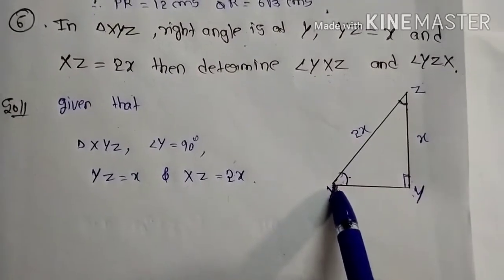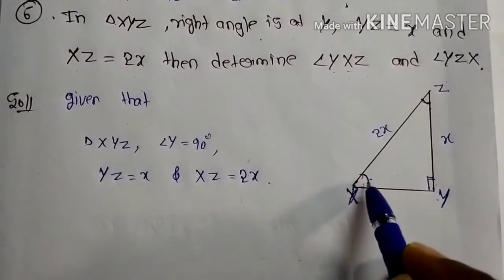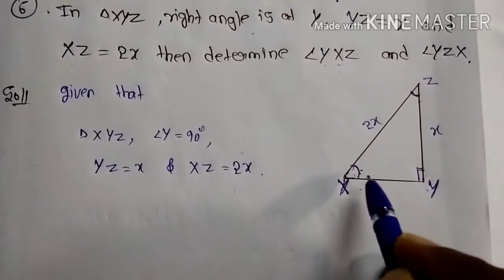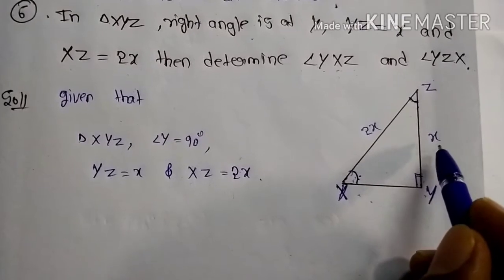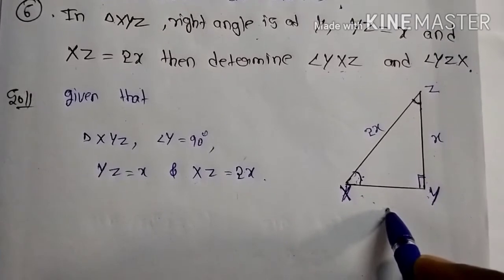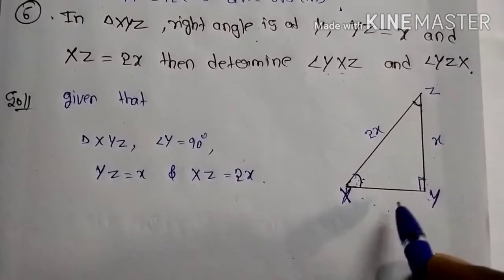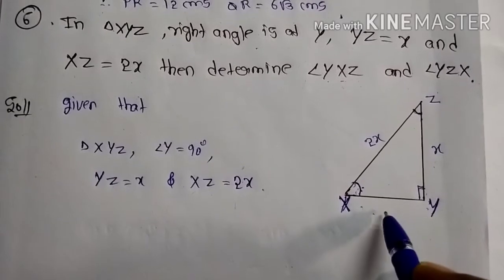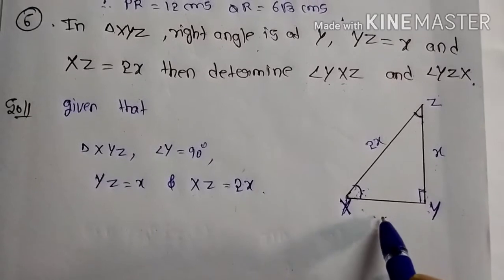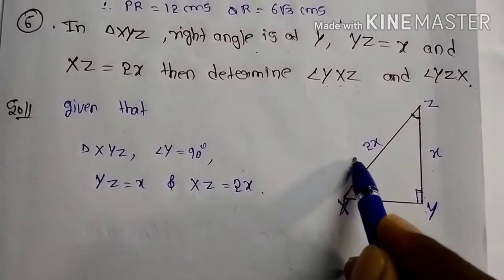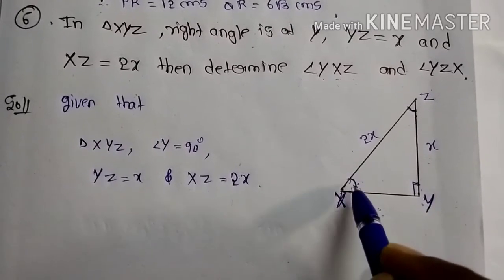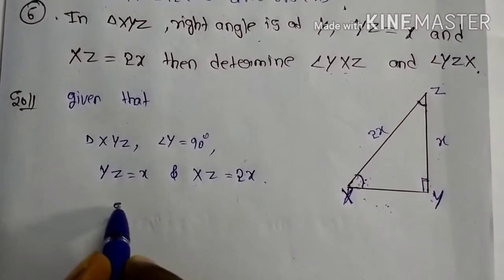If you are taking the sine or cos or tan formula: if you take tan, you need to check opposite and adjacent values, but you don't know the adjacent value, so don't take tan. If I take cos x, you need adjacent by hypotenuse, but you don't know the adjacent either, so consider sin x.